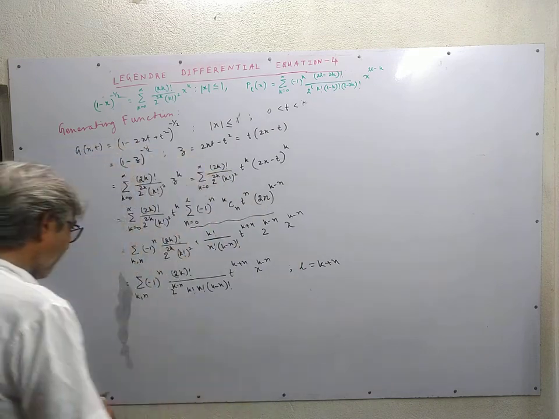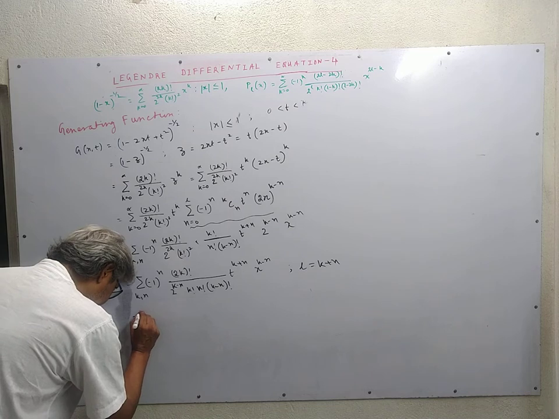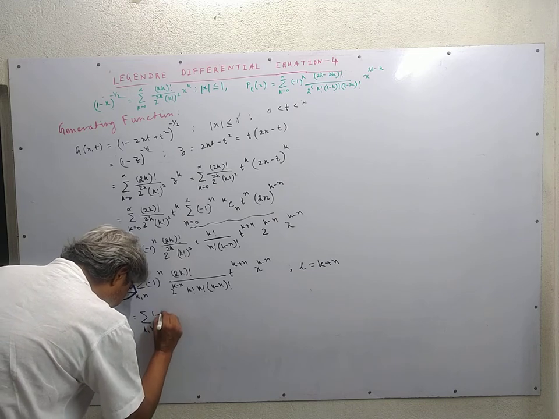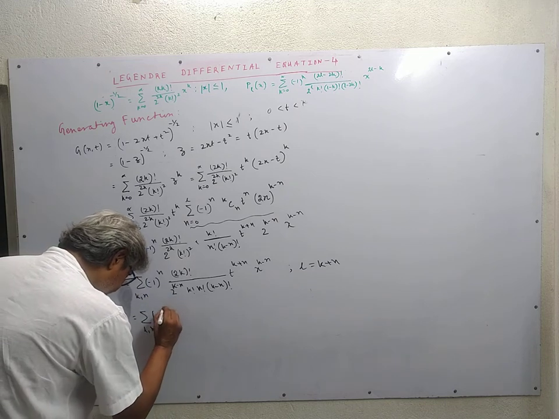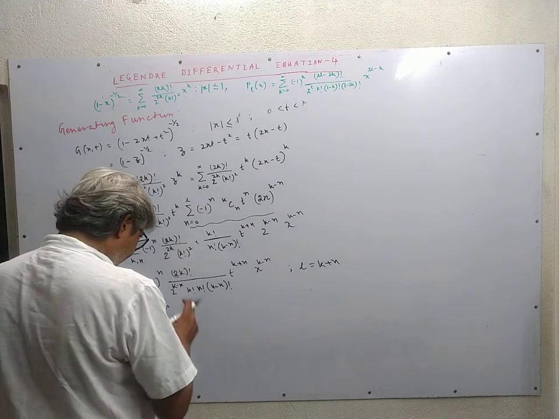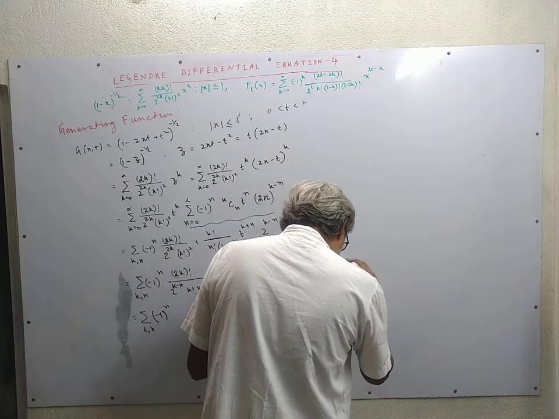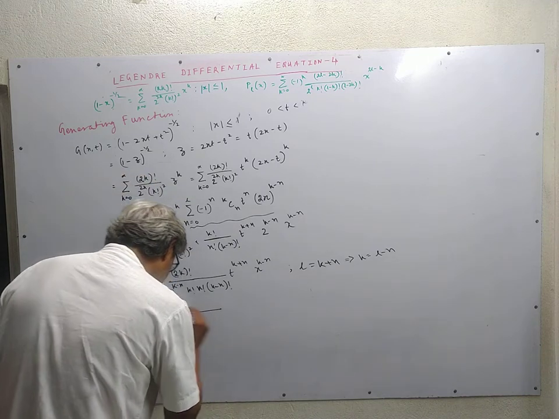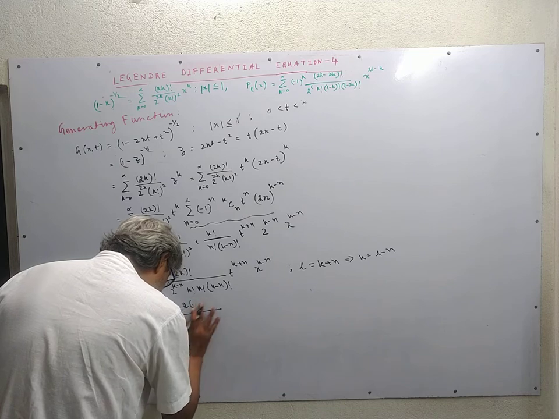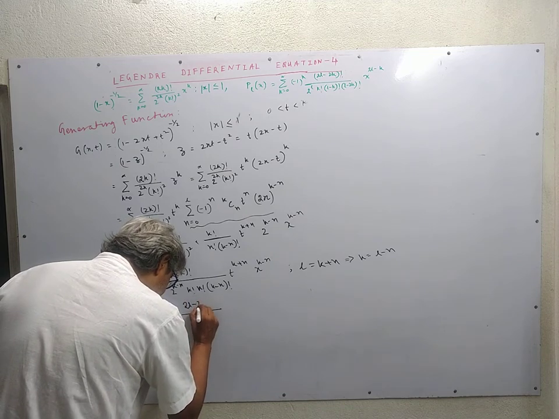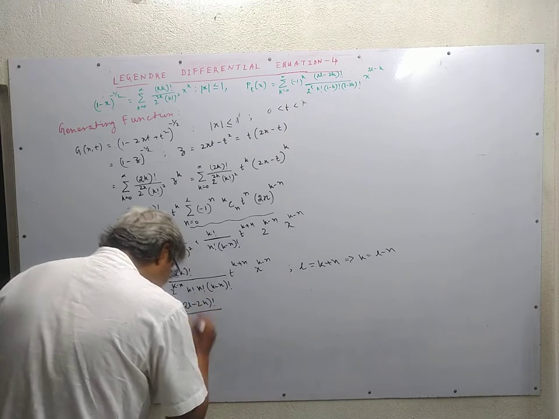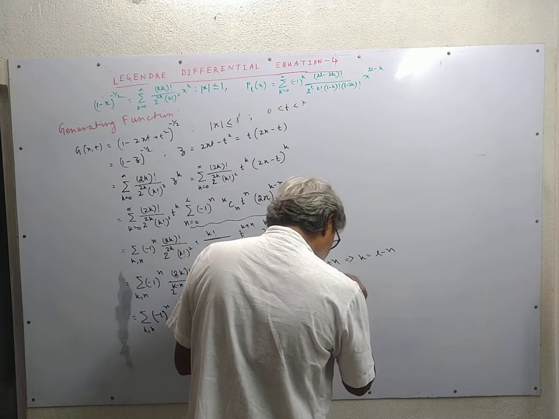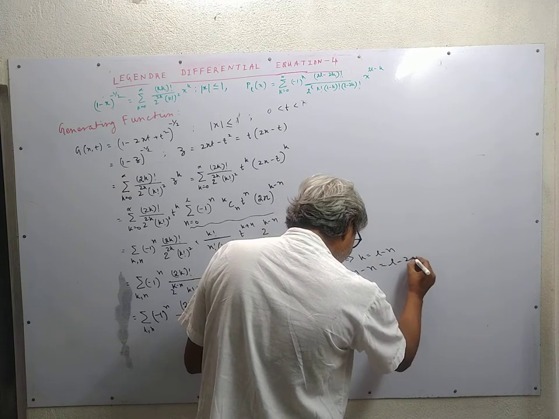So L is an infinite sum taken over L, so this quantity becomes a summation over L and n, minus 1 to the power n, this part, then (2k)!, so this gives you k equal to L plus n, so this part is (2L plus 2n)!. Then k minus n is equal to L, that is L.